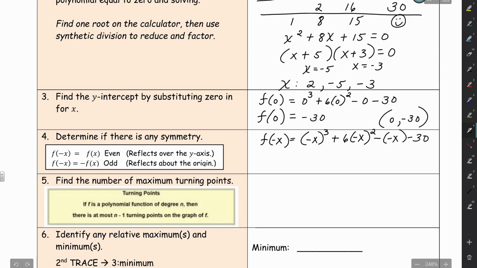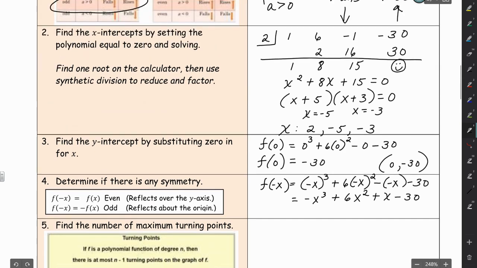Anytime you have a negative number raised to an odd power, it's going to stay negative. So we're going to get -x cubed here. For the next term, we have a -1 raised to the second power. That's going to become even. That's going to be plus 6x squared plus x minus 30.